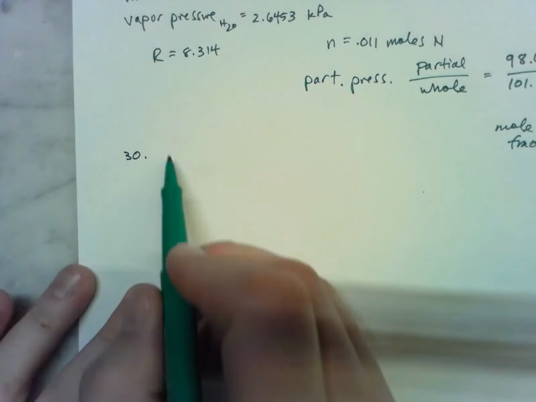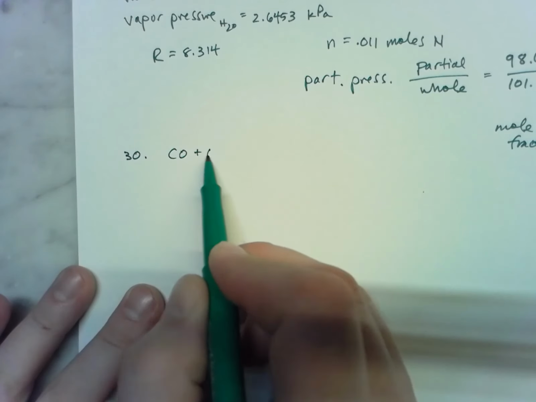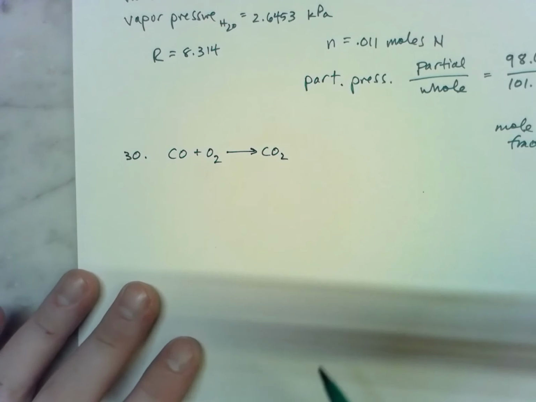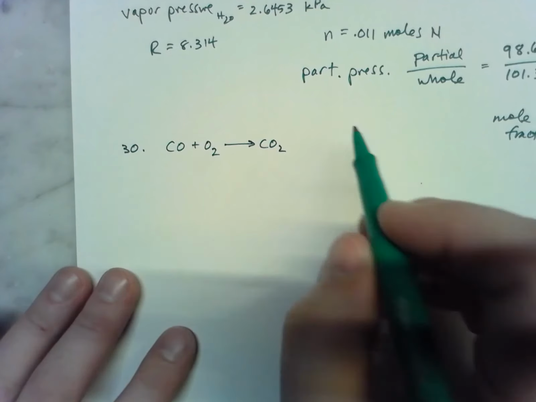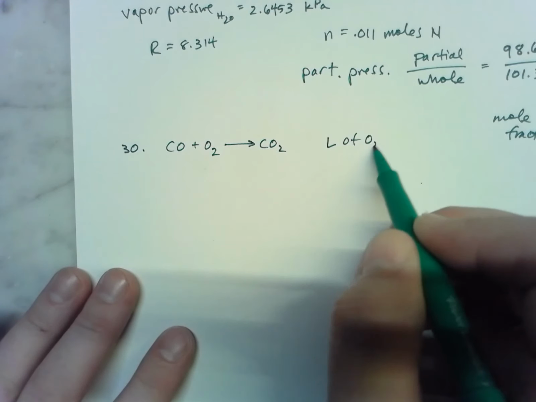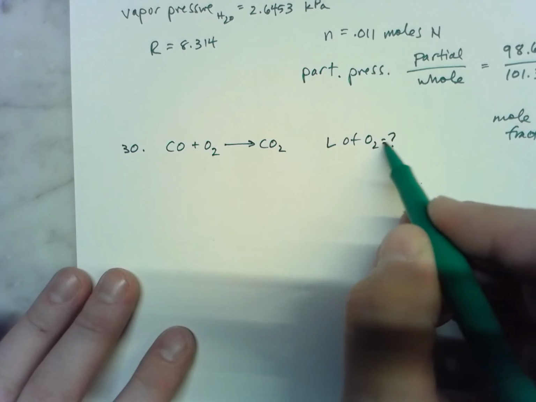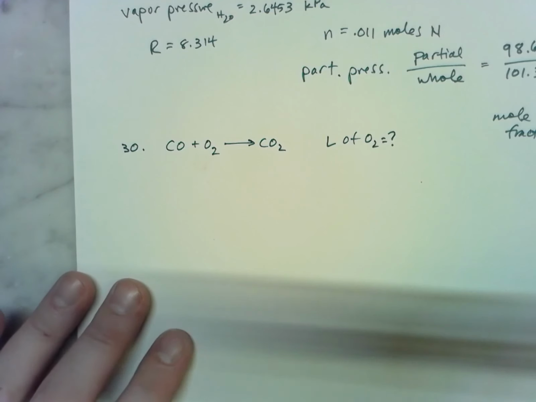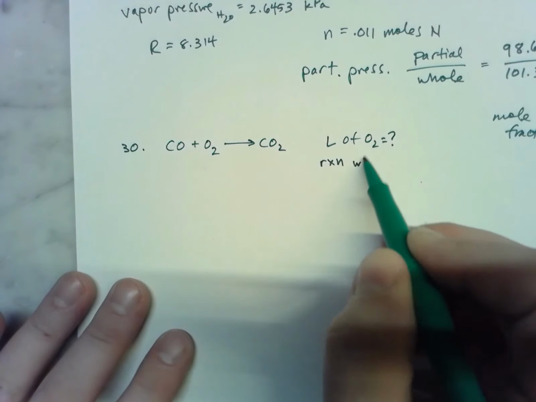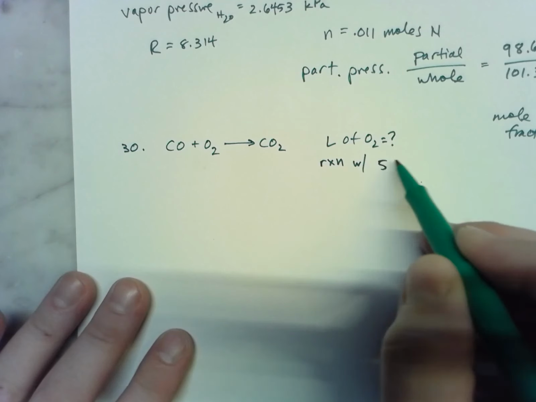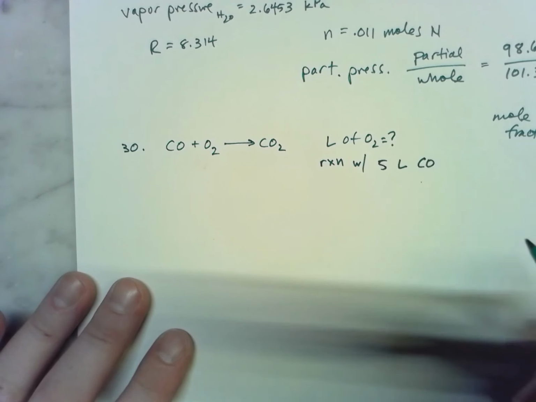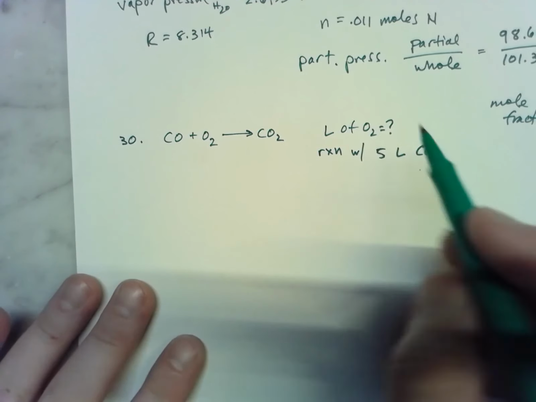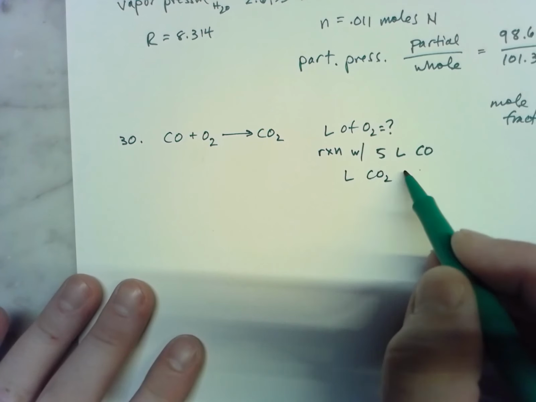All right, so carbon monoxide reacts with O2 to produce carbon dioxide. All right. We want to know liters of oxygen. And that is reacting 5 liters of carbon monoxide. And how many liters of CO2 are produced.